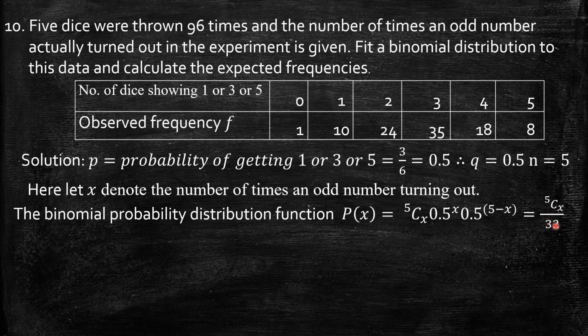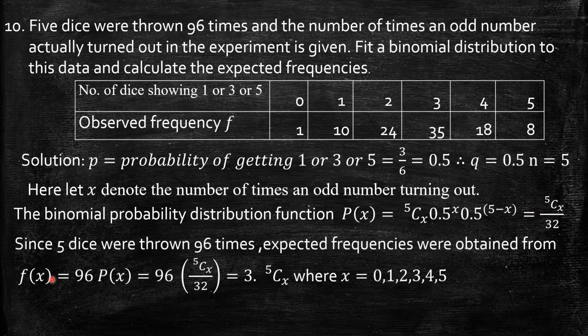But here we are interested in finding the expected frequencies, that is the expected number of dice turning out 1 or 3 or 5 out of 96. So we have to multiply this by 96. 5 dice were thrown 96 times, therefore the expected frequencies are obtained from 96 multiplied by this probability function.